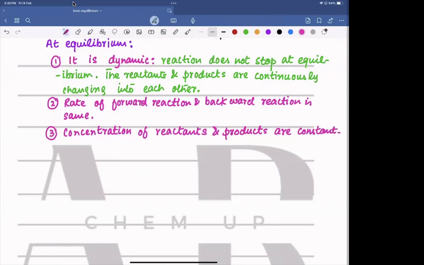Some students normally assume constant as same, so it doesn't mean same. Okay.